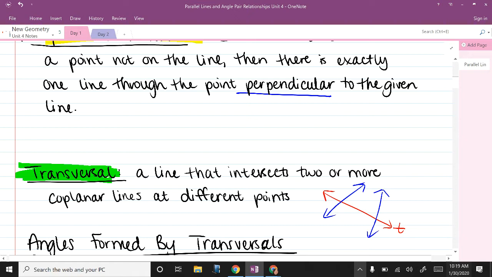Y'all see that? So a transversal is any line that cuts through two other lines. Like I said, the lines don't necessarily have to be parallel for the line that goes through them to be called a transversal. Okay, now in this unit, most of the time they will be parallel lines that are cut by a transversal, but the two lines don't have to be parallel lines.